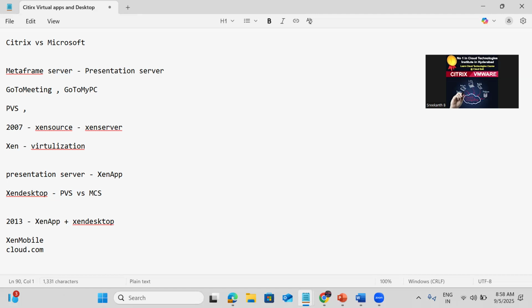I think TIBCO also was previously merged with Citrix. Initially they had a very strong team. Even IBM and Microsoft took support from them to make the multi-user versions of the operating systems.